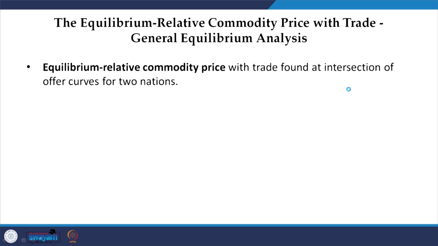Now, what is important in this context? General relative commodity prices with trade are found at the intersection point of the offer curves of the two nations. Only at the equilibrium price is trade expected to be balanced.